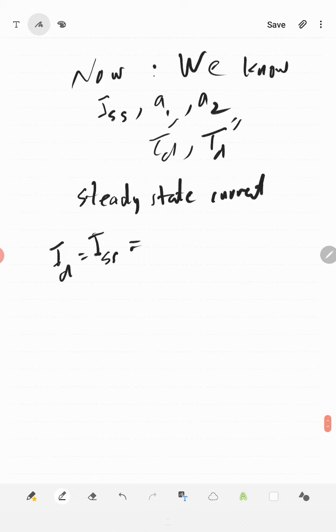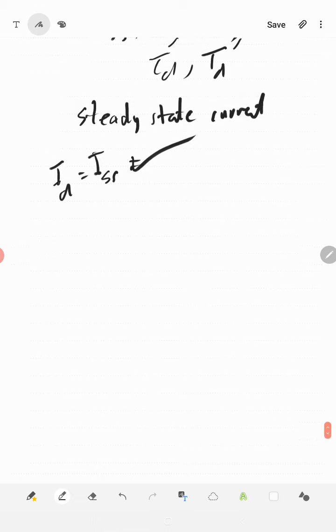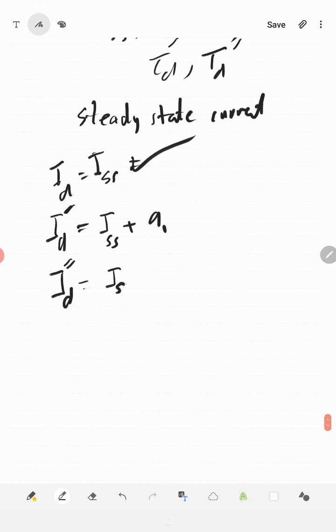We know this. Now, for the transient, we add I steady state plus A1. ID subtransient is equal to I steady state plus A1 plus A2.